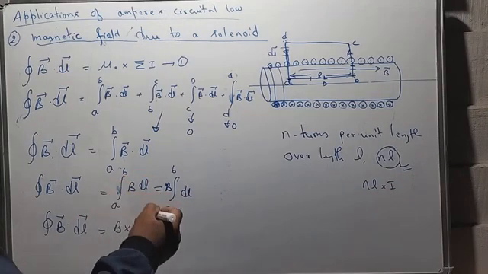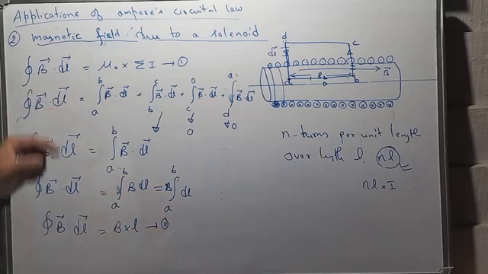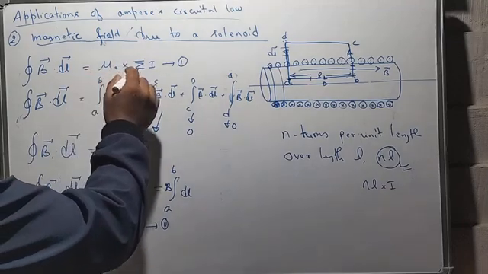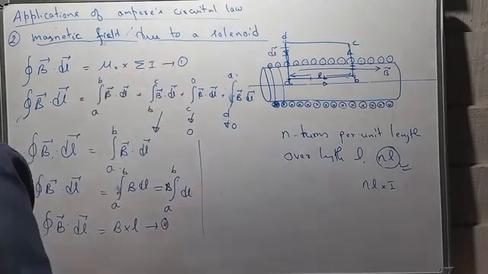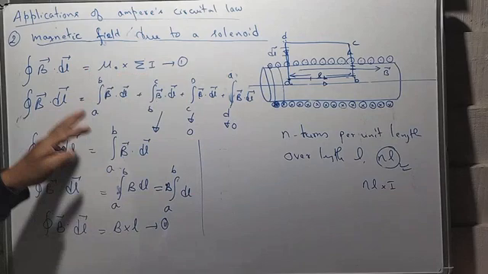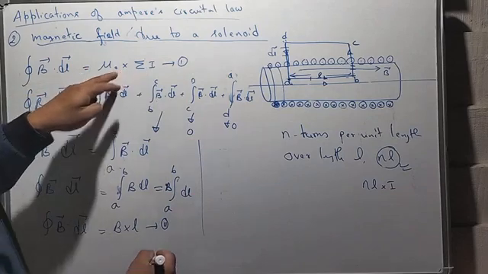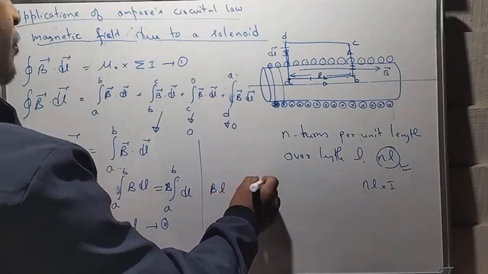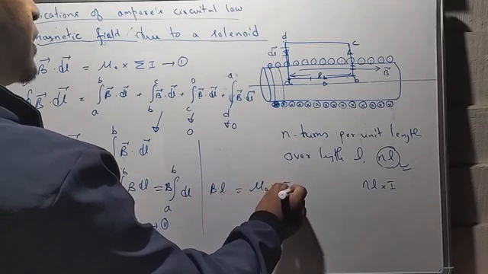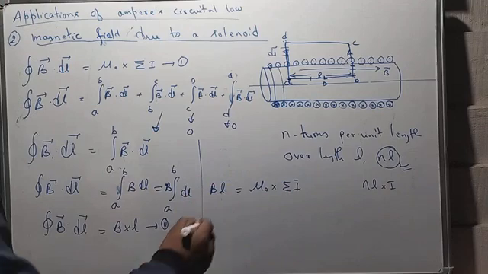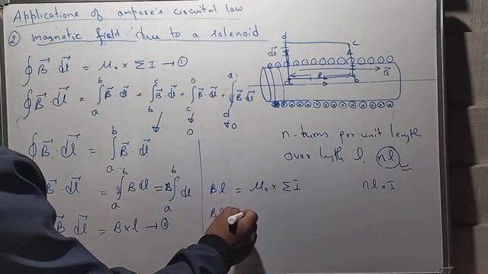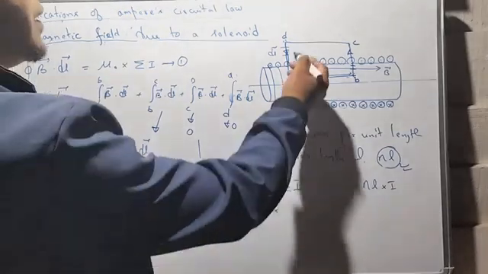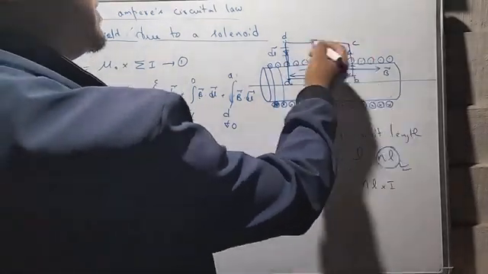Therefore, this BL, which is equal to mu naught times the summation of I. Comparing equation 1 and equation 2, the left-hand sides are equal. So it means BL is equal to mu naught times the total current enclosed by the loop. What is the total current enclosed by this loop A, B, C, D?